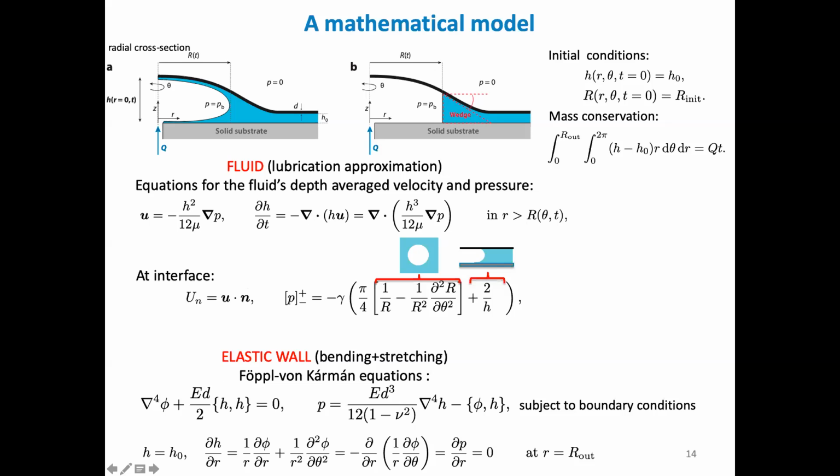They are written here, and they're also nonlinear equations. This term corresponds to the vertical displacement of the sheet. We also have this phi, and phi is an Airy stress function, which allows us to compute the stresses in the cell and in the elastic wall. And all of that is obviously coupled to what the fluid does.